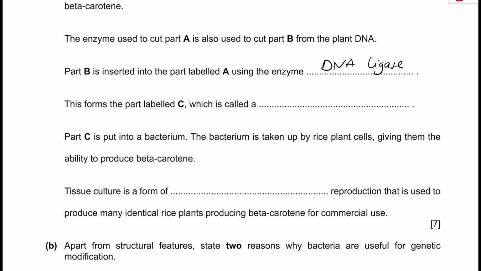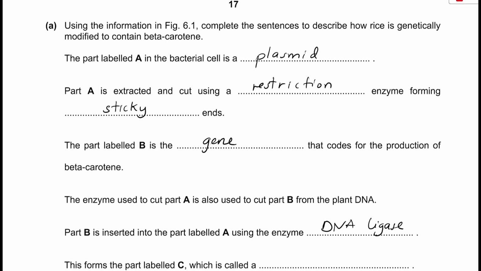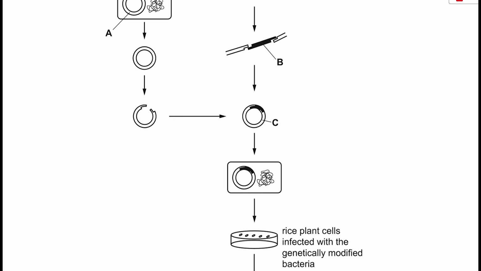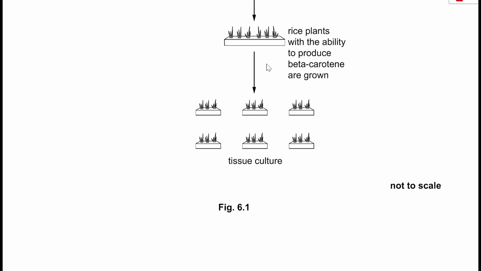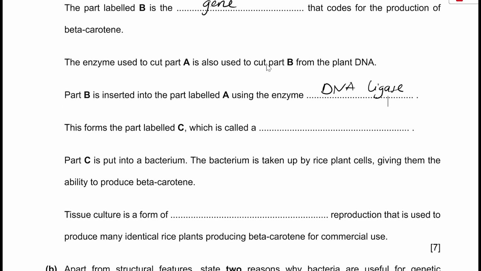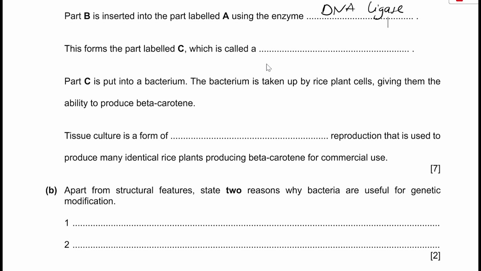This forms the part labeled C, which is called, now let's see, the part labeled C here. So this part C here has bacterial plasmid and has the gene from the plant. So this thing here is usually known as a recombinant, because it has two genes from two different organisms. So it's called a recombinant.